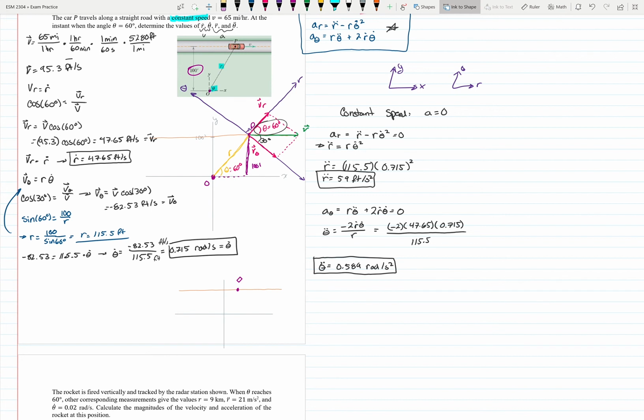That's not supposed to be a square or a rectangle. So this is our r1, this is our theta 1. After a certain amount of time, it's going to be over here, and it's going to be a second r, and a different theta. It's going to be theta 2.